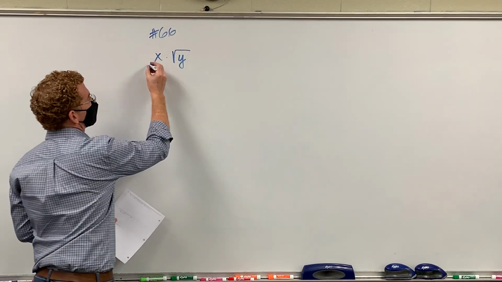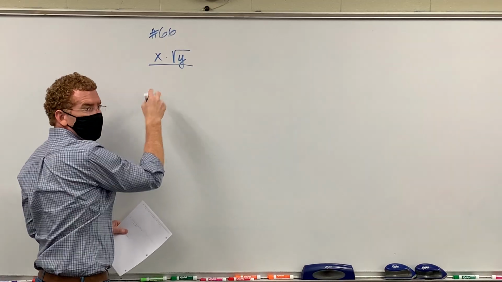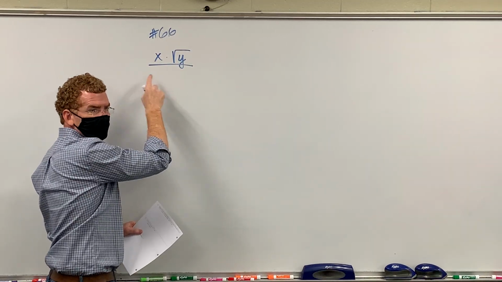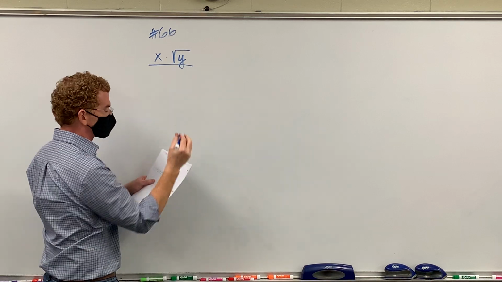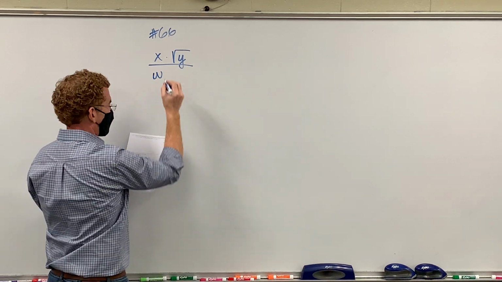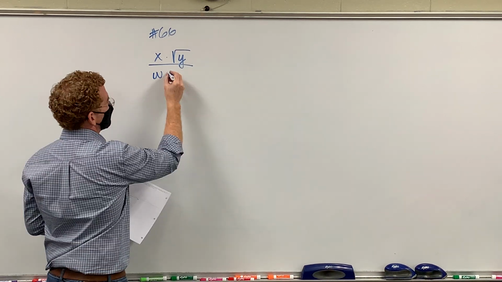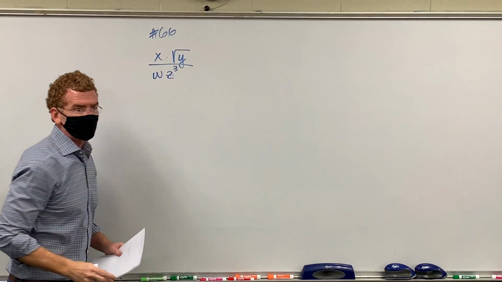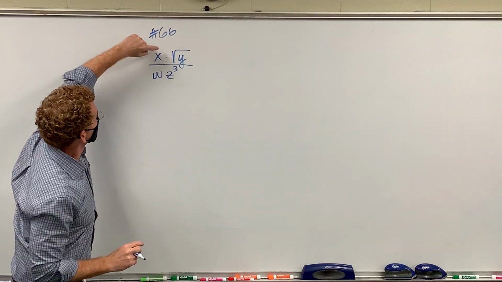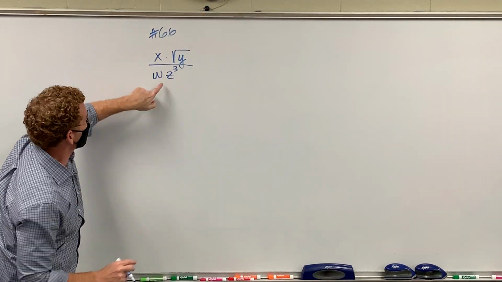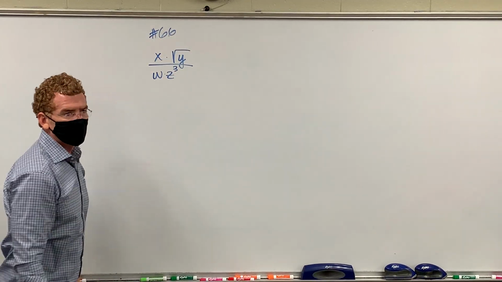Jointly means multiply, because if x is jointly related, there are 2 things on top. And it says it's jointly related to w and the cube of z. Z cubed, not the cube root. Inversely, jointly, and you've got to make those times.